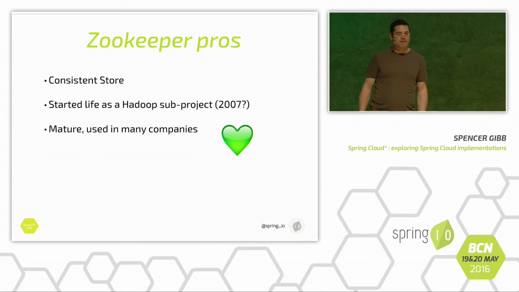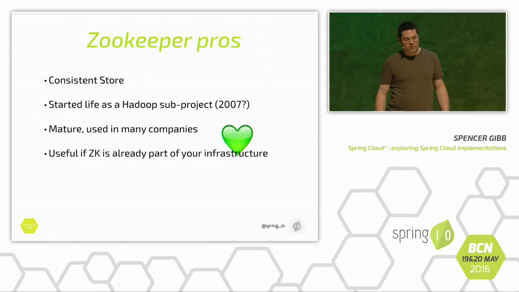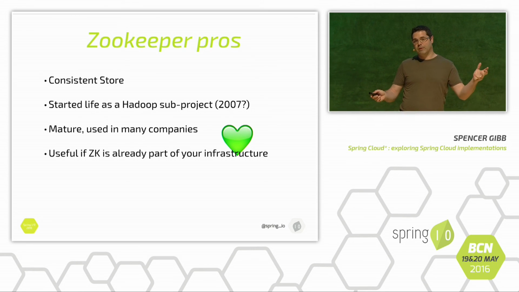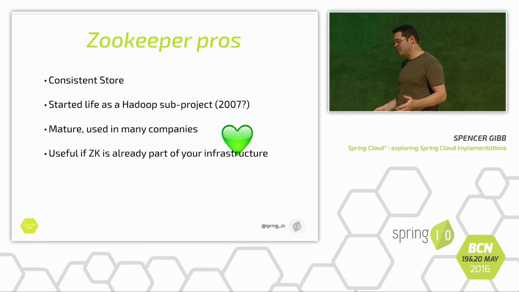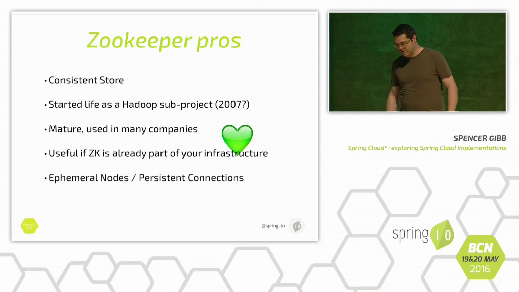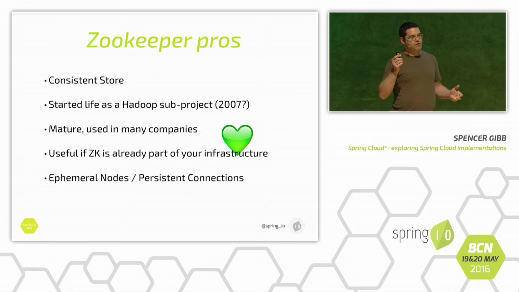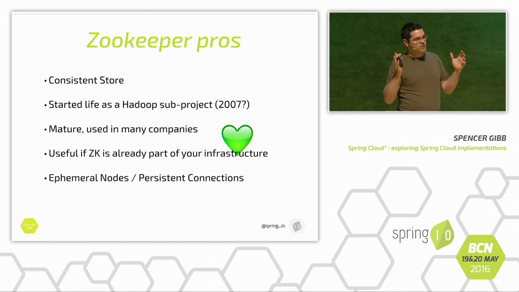Lots of companies already have it as part of their stack. So if you already have it, this may be a useful thing for you because you don't have to introduce something new to your application stack, right? If you've got Zookeeper, you can use it for discovery. So one of the nice things about it is you can register things with ephemeral nodes, right? And as soon as that connection's gone away, those nodes disappear.